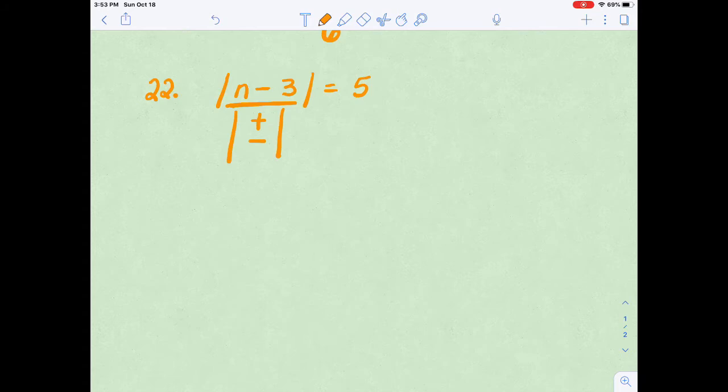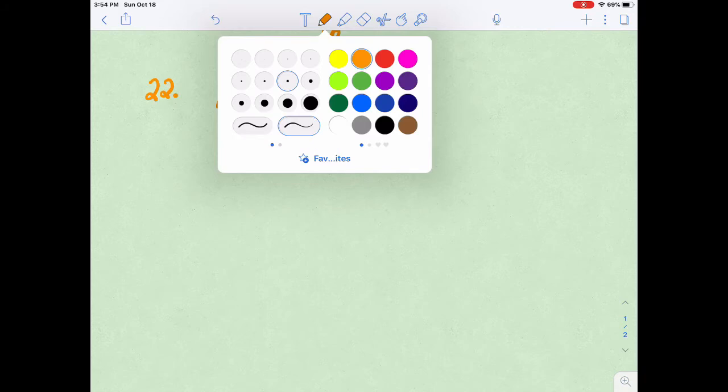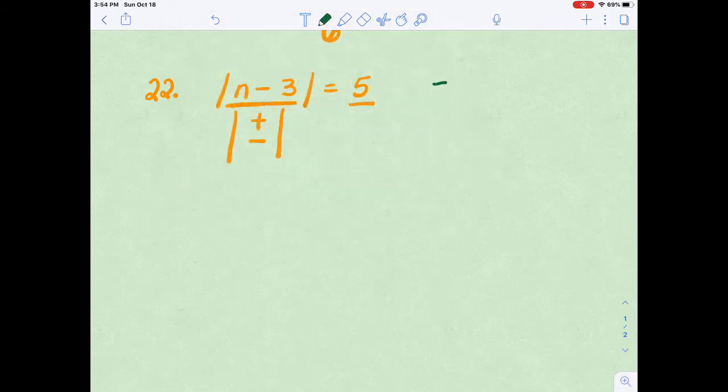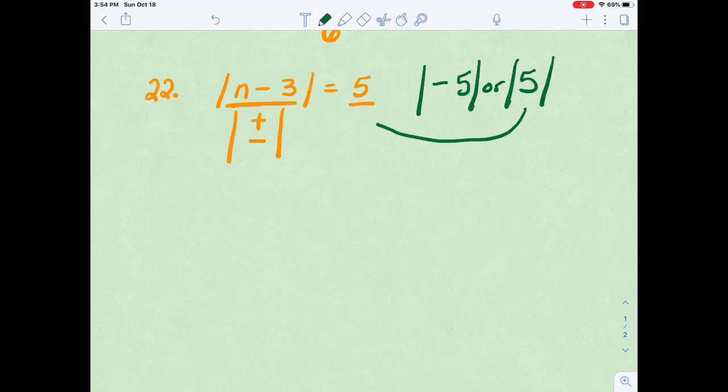Because remember, the absolute value signs just make everything positive. So that 5 you see there could have been a negative 5 or a 5, right? Either one of those would give us a 5.